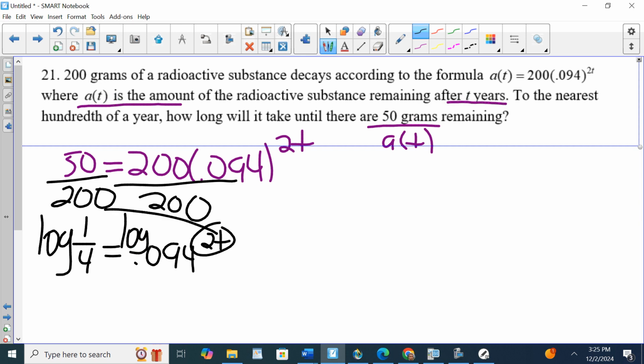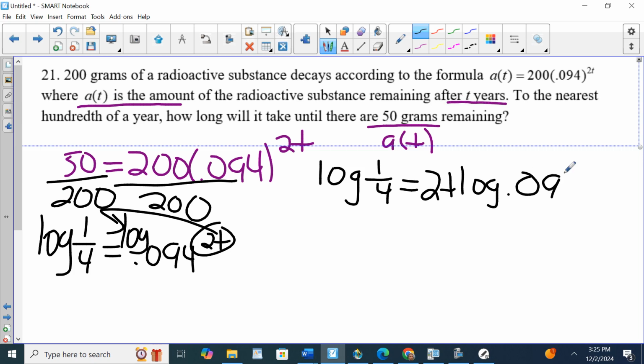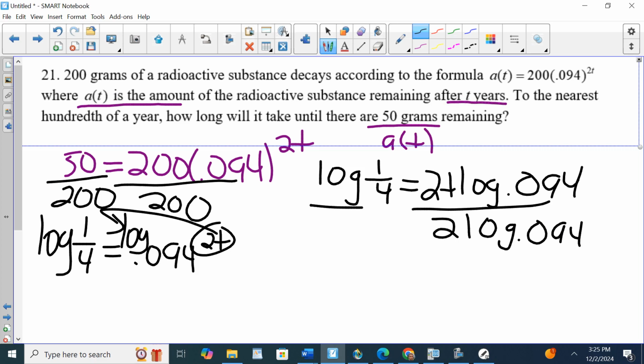The reason I do that is the exponent comes to the front, so it becomes log of 1/4 equals 2t log of 0.094. Divide by 2 log 0.094.